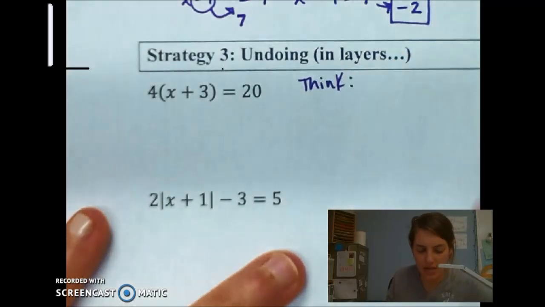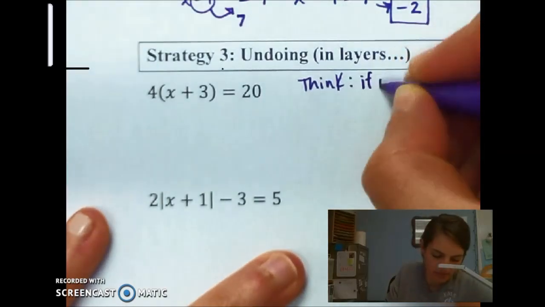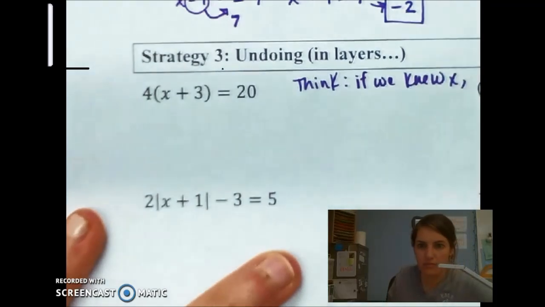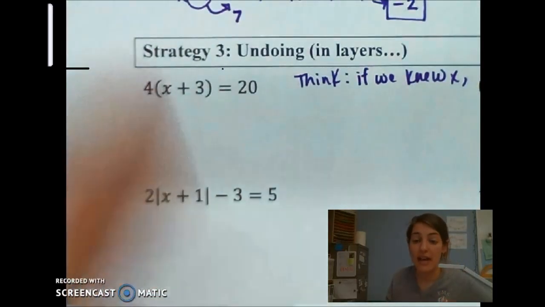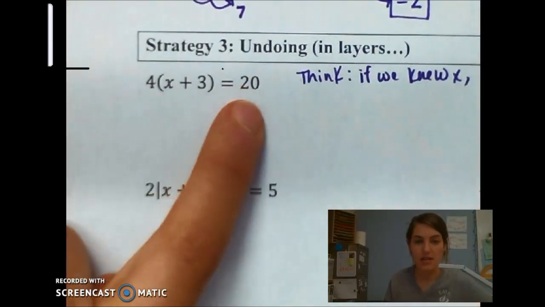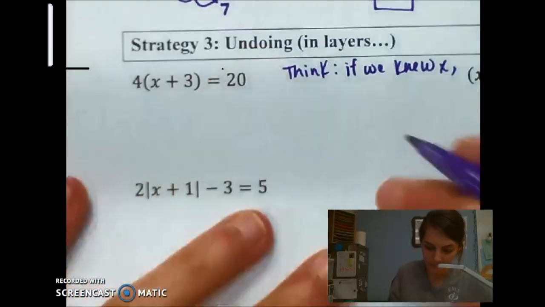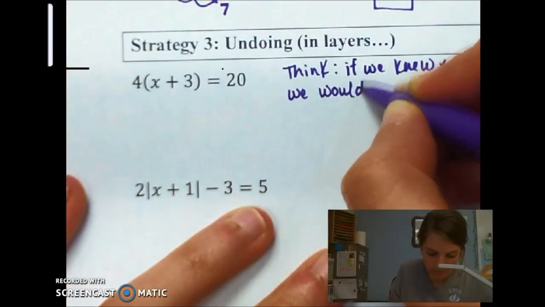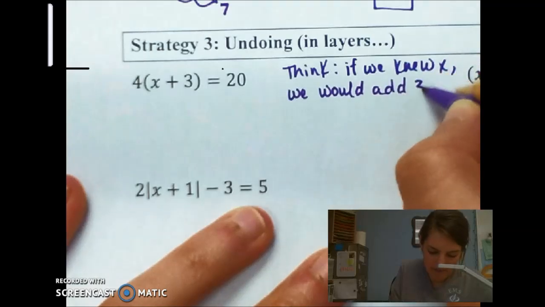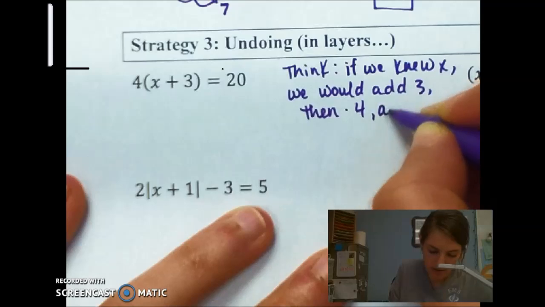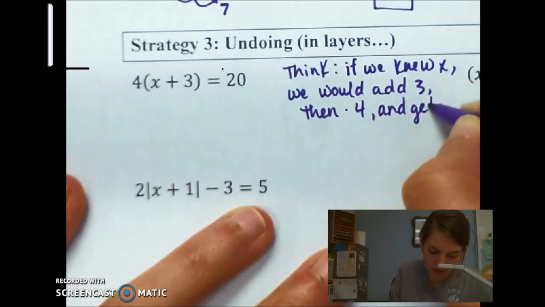If we knew what x was, we would add 3 to x, and then we would multiply by 4, and it would equal 20. We would add 3, then multiply by 4, and we would get 20.